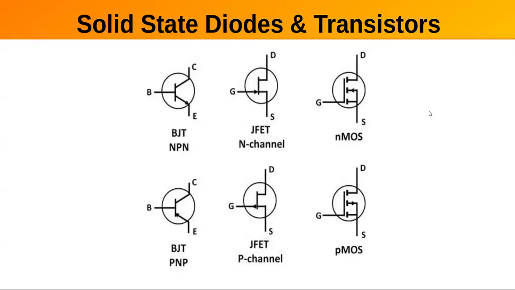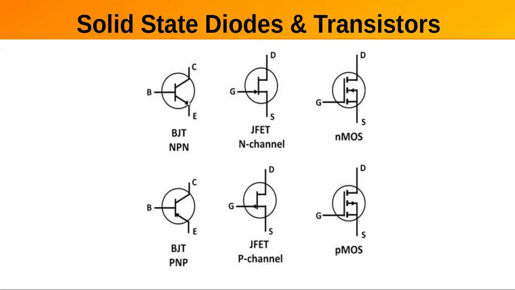Typical symbols you'll see: the standard junction bipolar transistor is a three-terminal device with an emitter, a base, and a collector. This bar is kind of representing, I guess, the substrate. You've got the base material with this connection, the collector material here, and the emitter there.